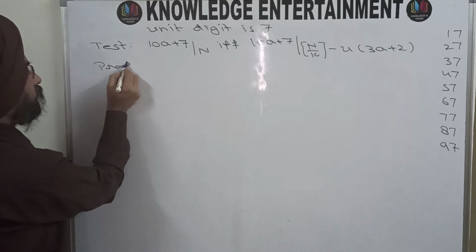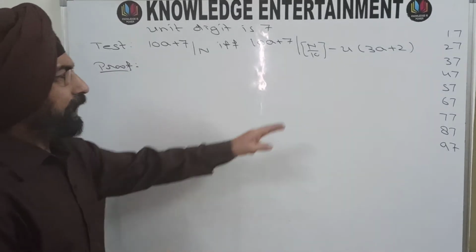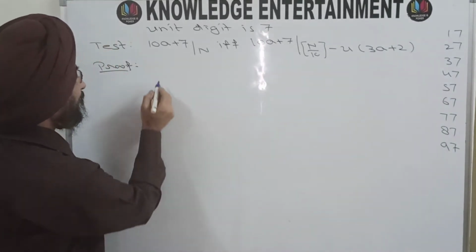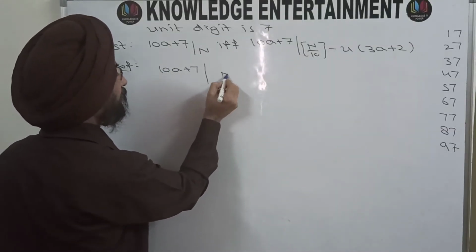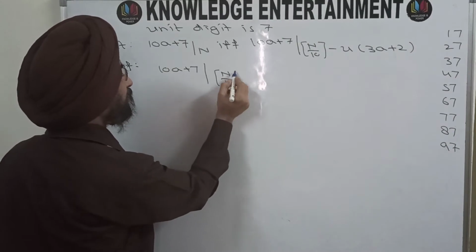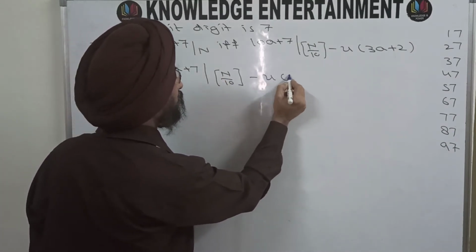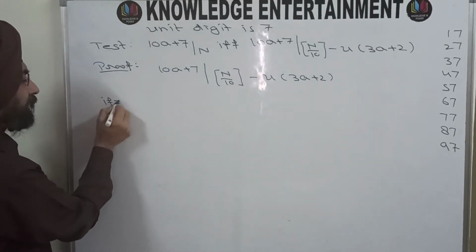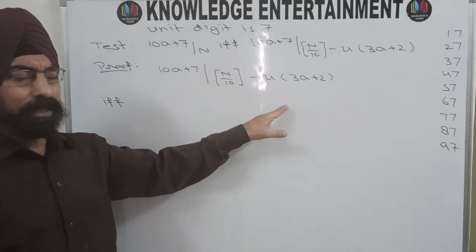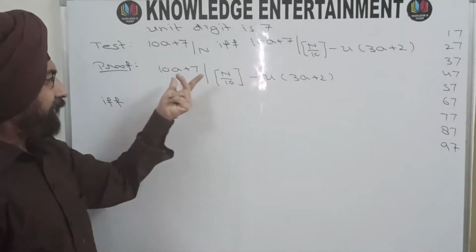Proof. Again, I am starting from here. So 10a plus 7 divides n by 10, greatest integer function, minus u times 3a plus 2 if and only if, once again, this number will divide this number if this number is some integral multiple of this number.